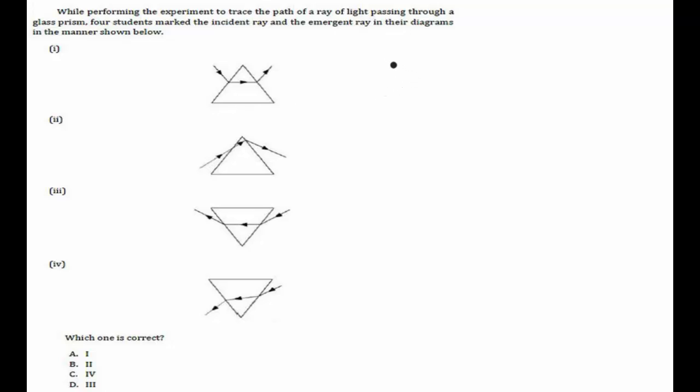So, as we know, when light goes from a rarer to a denser medium, it bends towards the normal.